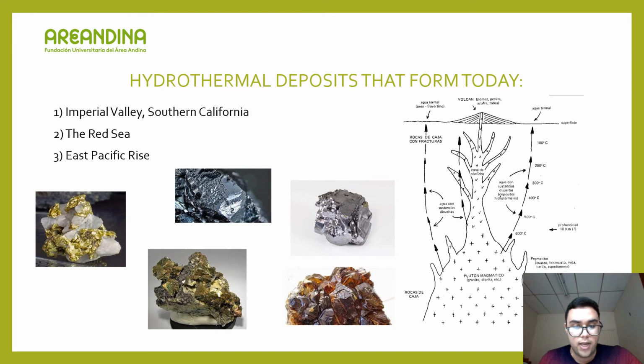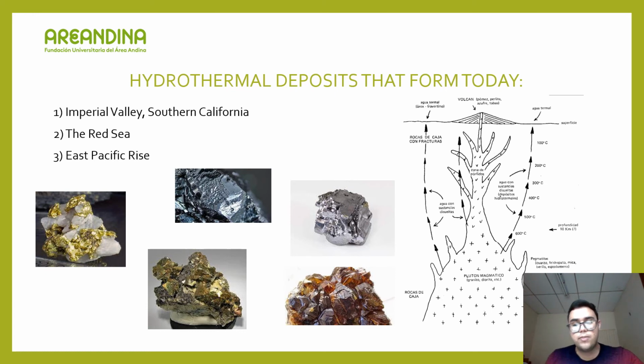The Red Sea: in 1964, oceanographers discovered a series of hot brines at the floor of the Red Sea. In the East Pacific Rise in 1978, submarines over the ridge in the Pacific at 21 degrees north found hot springs at 300 degrees centigrade emerging in plumes along the mid-ocean ridge 2,500 meters below sea level.